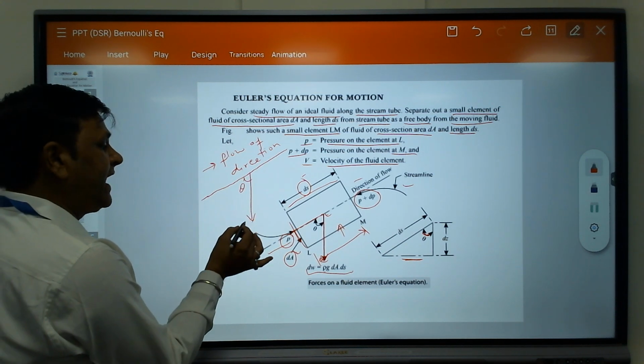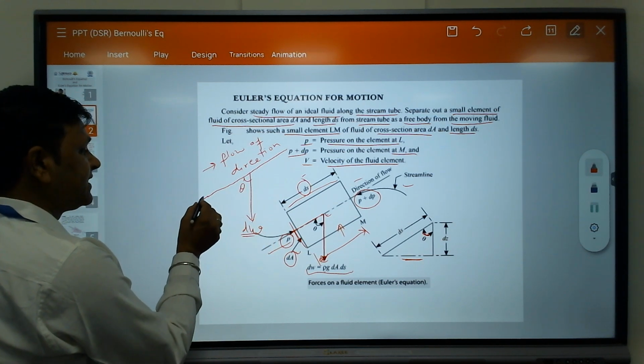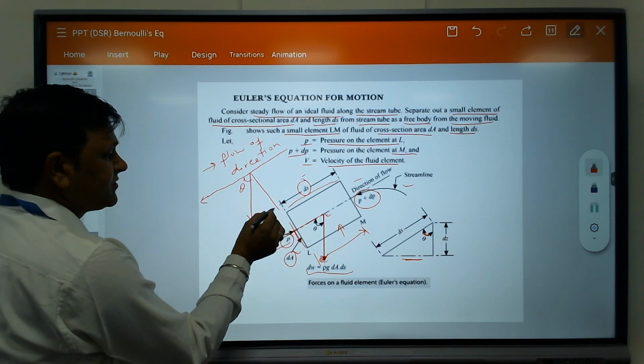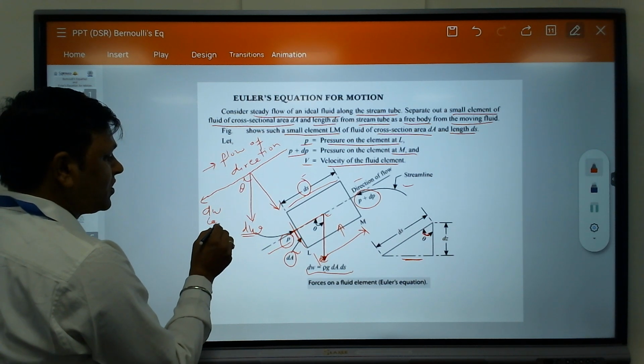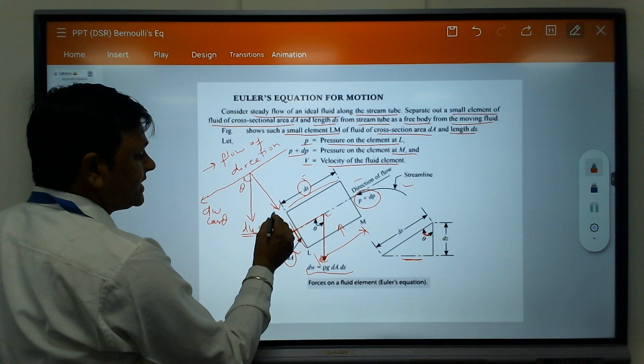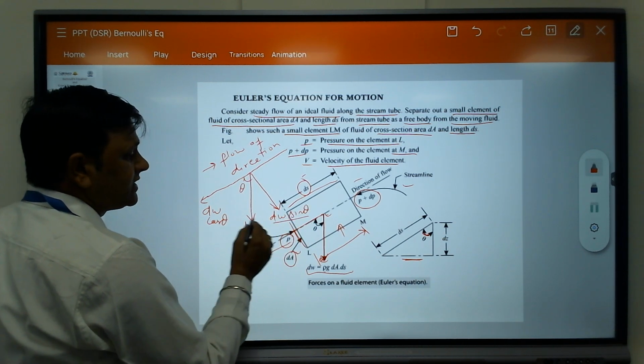Now the components of this weight are dW cos theta and dW sin theta.